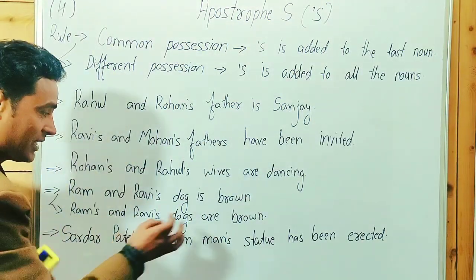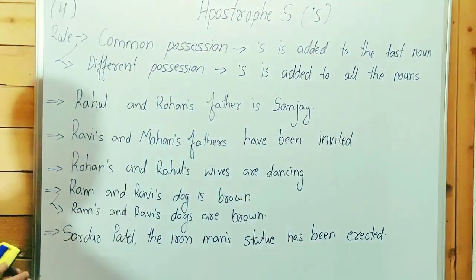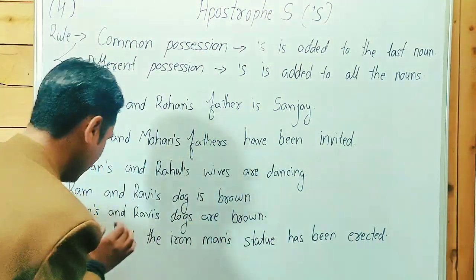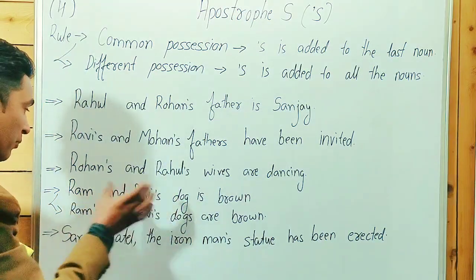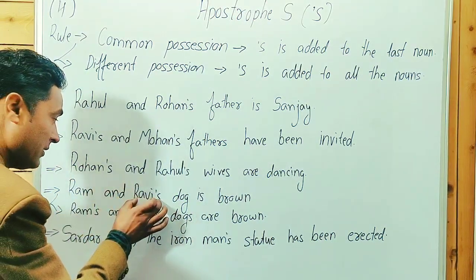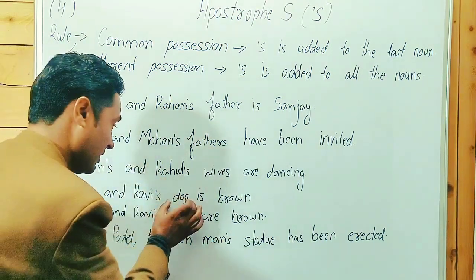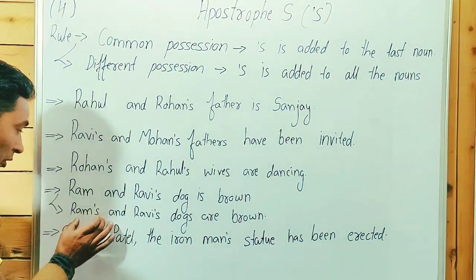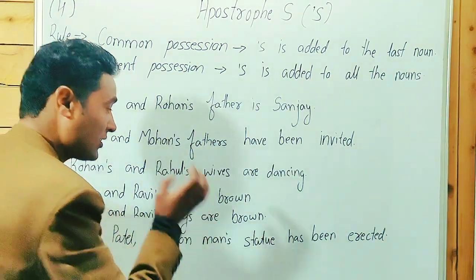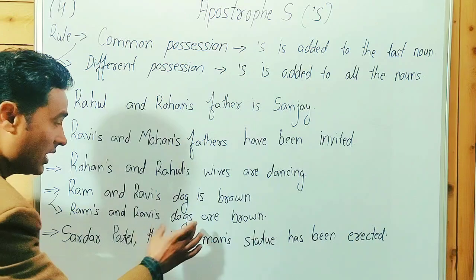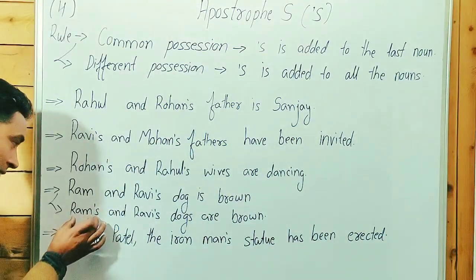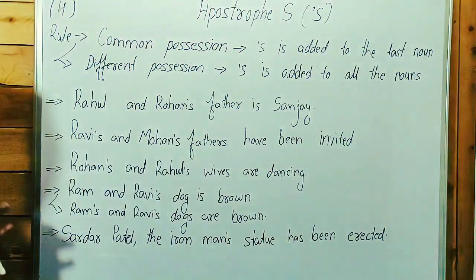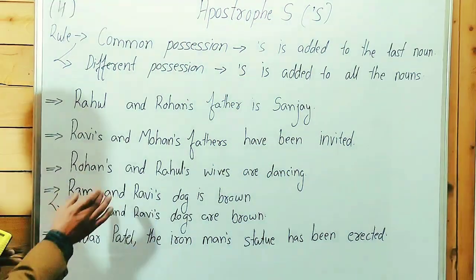Ram's and Ravi's dogs are brown: there are two dogs. In the first sentence there is only one dog that both share. In the second, Ram has one dog and Ravi has a different dog. Both sentences are correct.